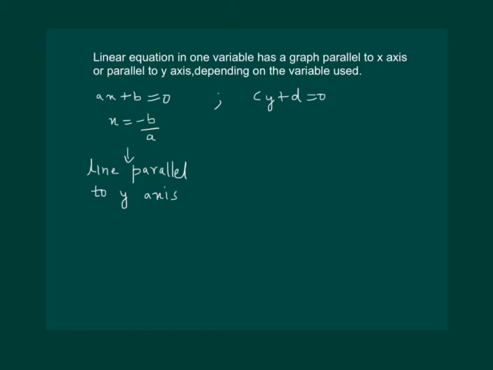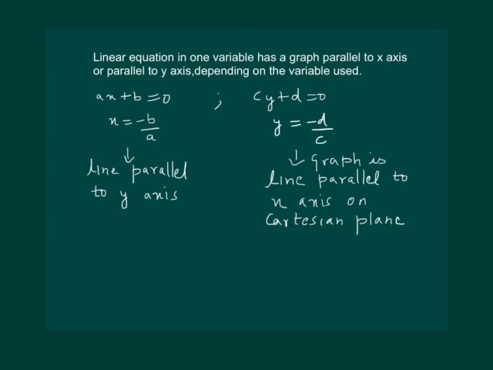Similarly, a linear equation cy plus d equal to 0 will give y equal to minus d by c, whose graph is a line parallel to the x-axis on the Cartesian plane.